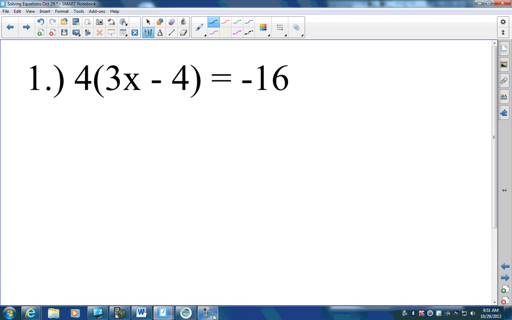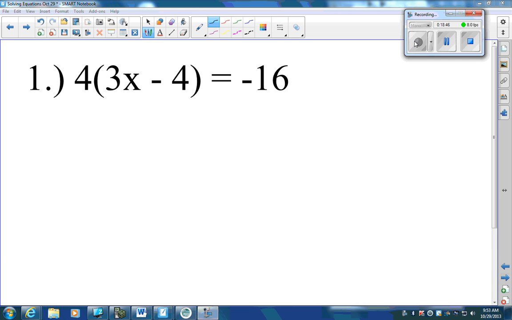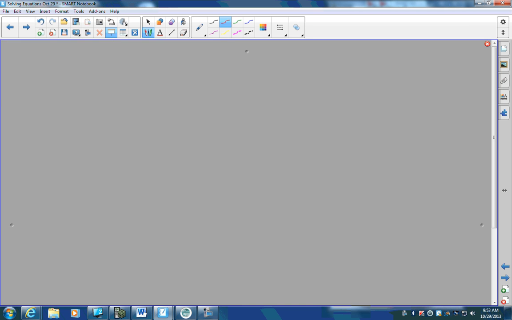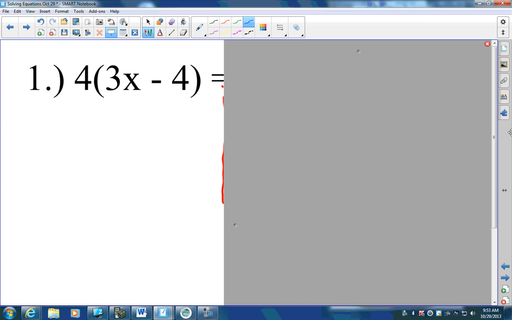Here's the next one. So on this problem, I'm going to draw my dotted line at my equal sign. I look on the left. As I cover up the right, I look on the left, and I see that I have parentheses. So I'm going to multiply that 4 times everything inside the parentheses. 4 times 3x is 12x. 4 times negative 4 is negative 16.